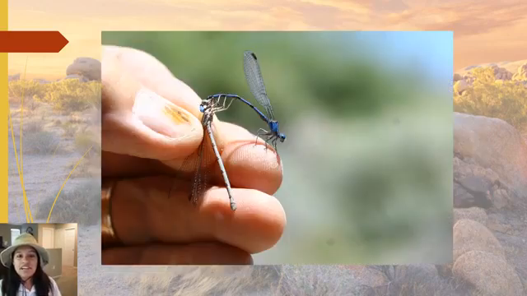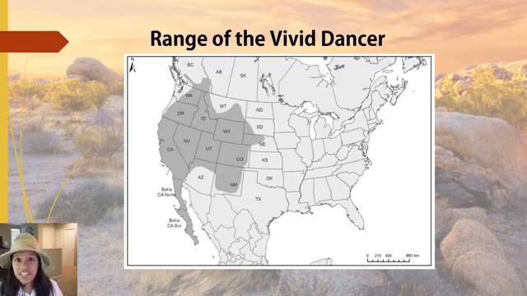And I want to give you guys, you explorers out there, a nice size comparison on what the damselfly really looks like. So you can see in this picture right here how tiny they are. About 1 to 2 inches in length. So you got to keep your explorer eyes out if you want to see these damselflies out in the open. But if you want to find them, this is their range.